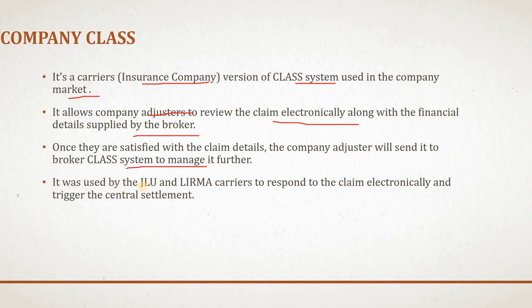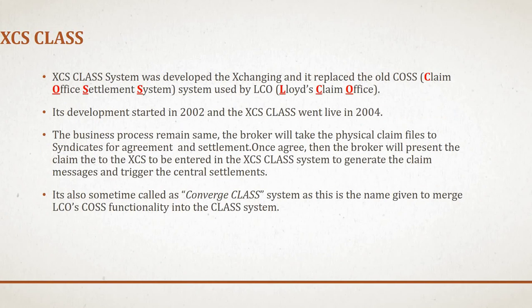It was used by ILU and LIRMA carriers to respond to the claim electronically and trigger the central settlement. When we talk about the company market, we are talking about the ILU and LIRMA bureaus and their associated companies.